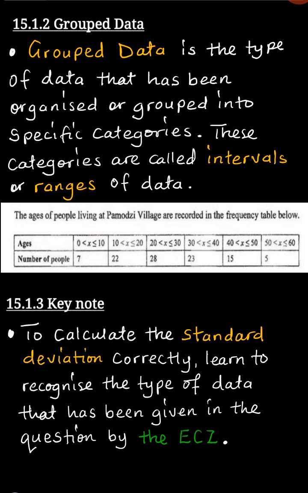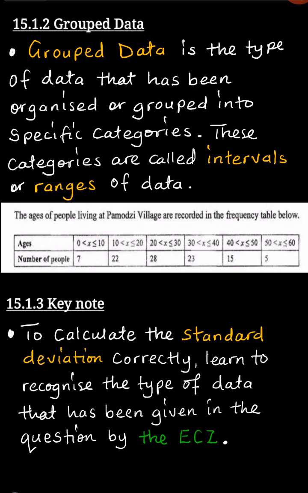The formula that you are going to use to calculate the standard deviation for ungrouped data is slightly different from the formula that you are going to use to calculate the standard deviation when it comes to grouped data.